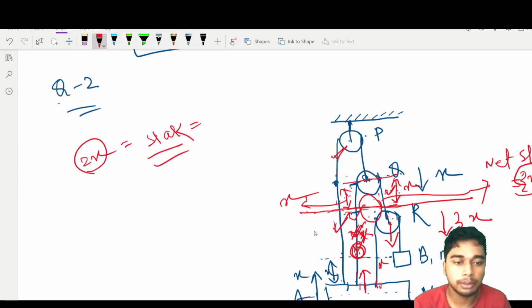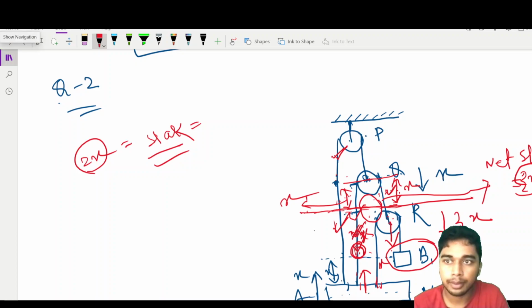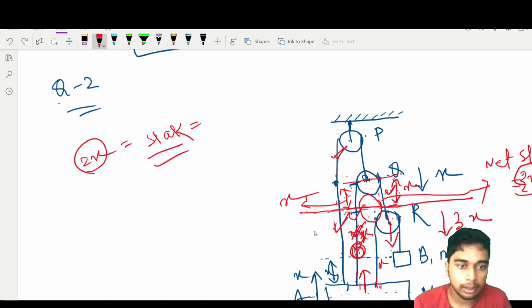If for example I consider the position of the pulley here, then additional slack will come into the picture again. So this slack is 3x, and again slack is 3x. Total slack will be 6x, plus additional x because of this wire. So total slack will be 7x.